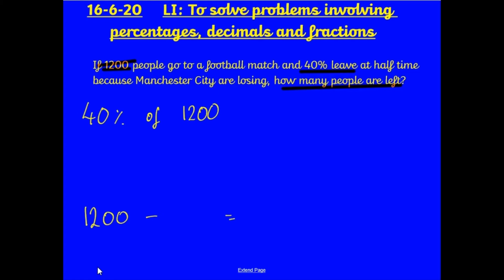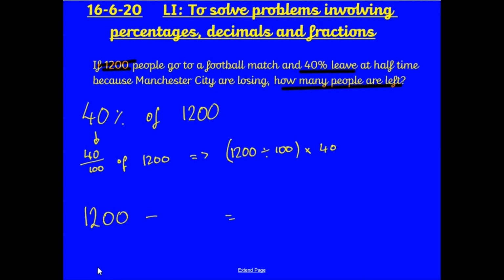So 40% of 1,200. Now, if you remember, 40% is the same as 40 over 100. So you could do 40 over 100 of 1,200. So therefore, you will be doing 1,200 divided by 100 and then times that by 40.